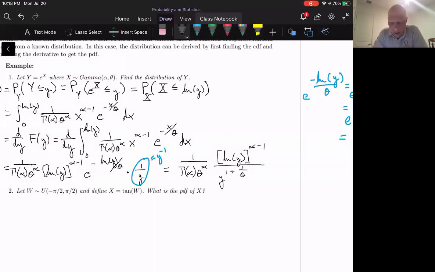All right, so the constants are the same, 1 over gamma of alpha, theta to the alpha.